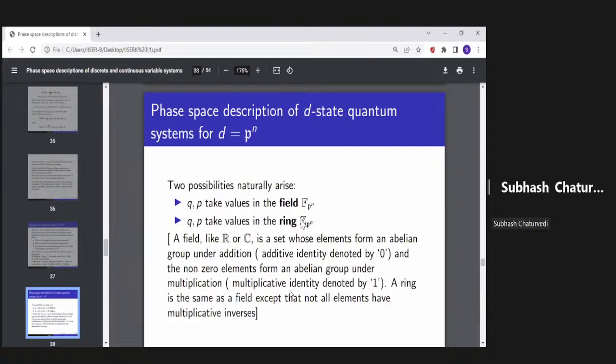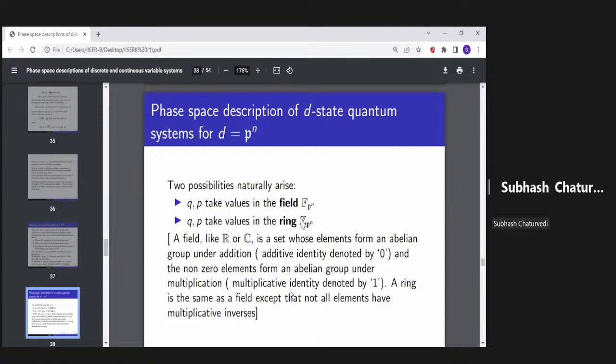When we go to discrete spaces, the first question we ask is, what is meant by a coordinate? Normally you would say, okay, if I have a three-state system, I will say that the coordinate takes values 0, 1, 2.